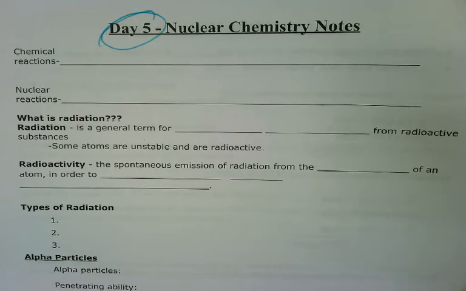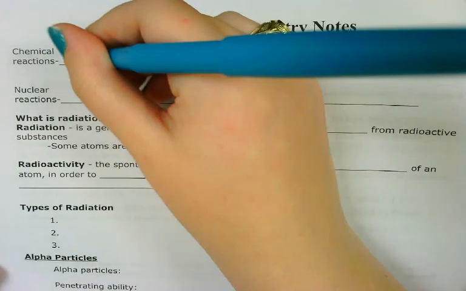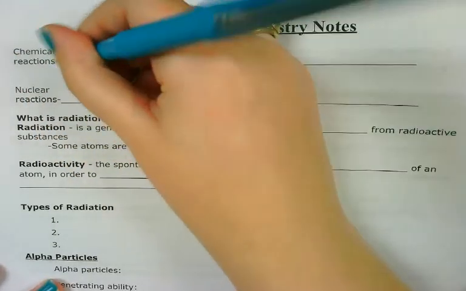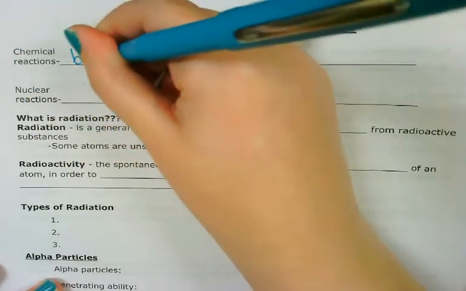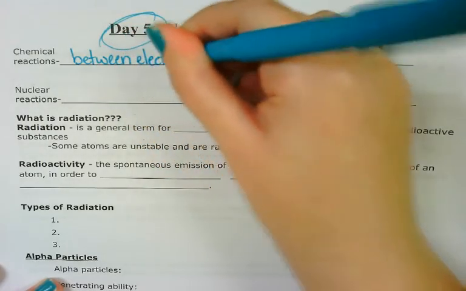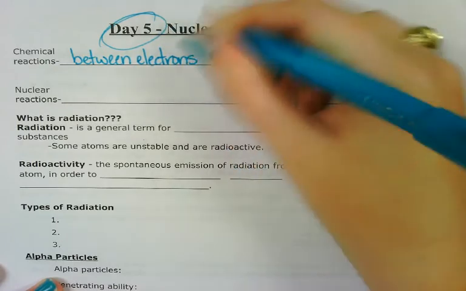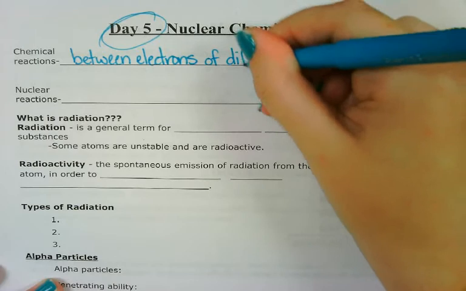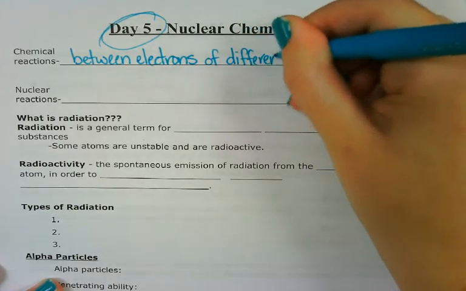So chemical reactions are something that happen between electrons of different elements. So it happens between electrons of different atoms.